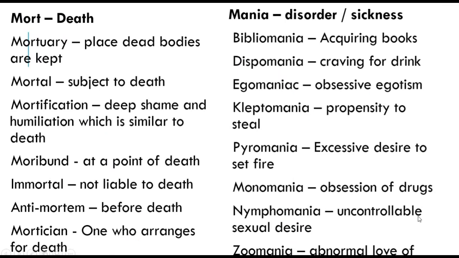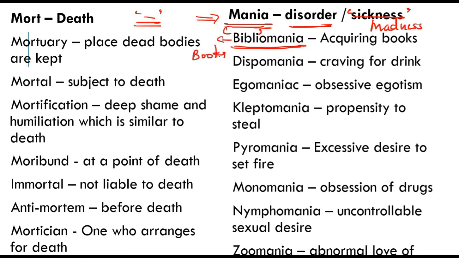Just now we looked at the words which mean fear of something. So let's look at the words which mean obsession with something. Look at the words over here. Bibliomania. Few minutes ago when we were discussing phil, we discussed the word bibliophile. Biblio, I told you, is a root word which means books.